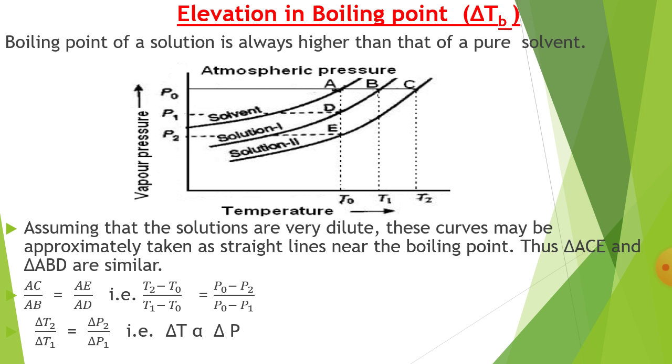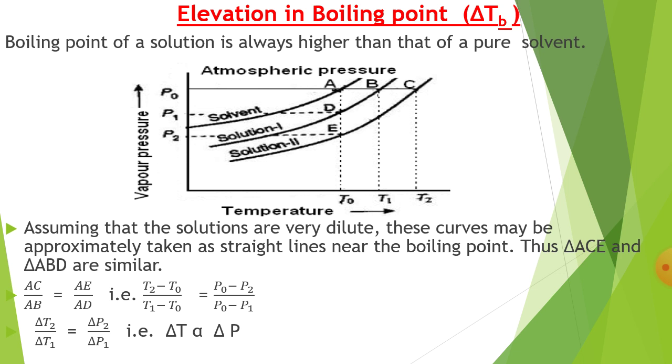Look at the graph. Here 3 lines are drawn, one at P0, second P1, P2, similarly T0, T1 and T2. So this graph is drawn between vapor pressure and temperature. Now assuming that solutions are very dilute, these curves may be approximately taken as a straight line near the boiling point. So in triangle ACE, and the other triangle ABD, they are similar.